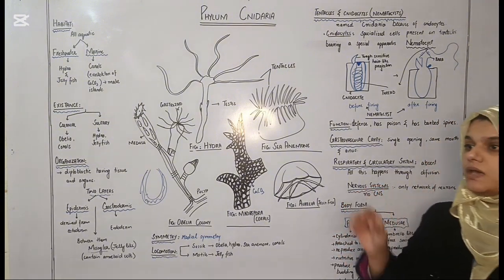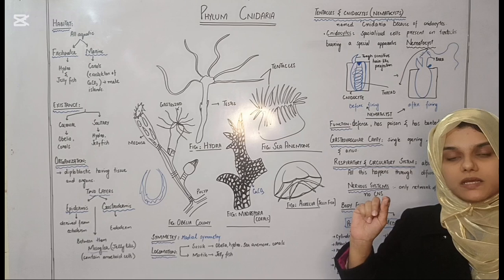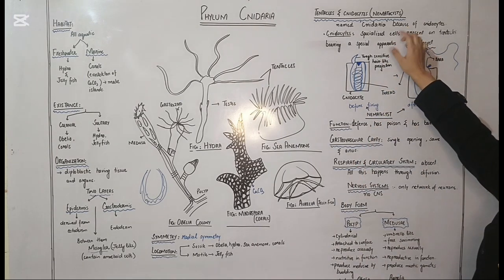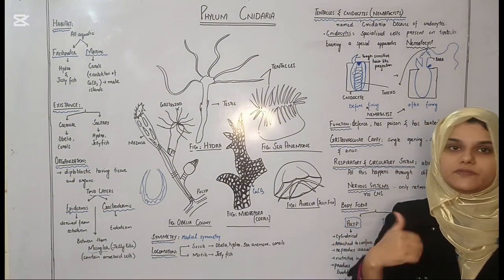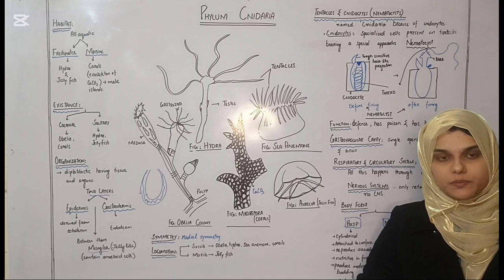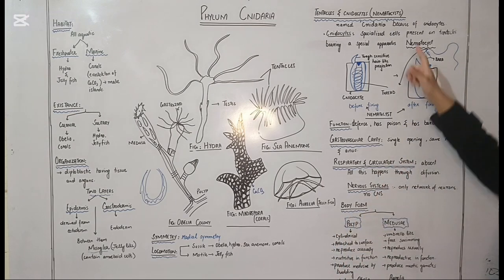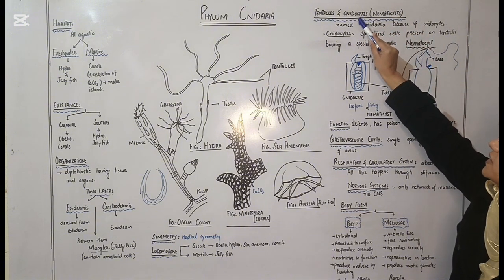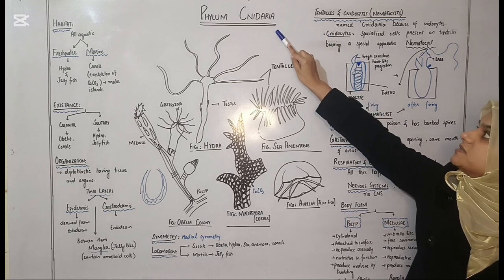They sting the organism, or for their food they sting their prey with their nematocysts, paralyze their prey and then engulf it as their food. Otherwise, they also save themselves from foreign invaders and their competitors by using nematocysts. Due to the presence of cnidocytes in this phylum, they are named cnidarians.